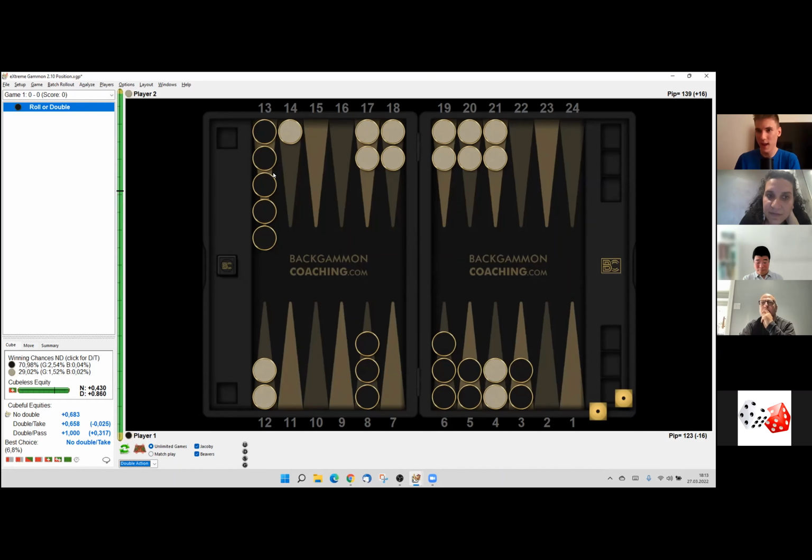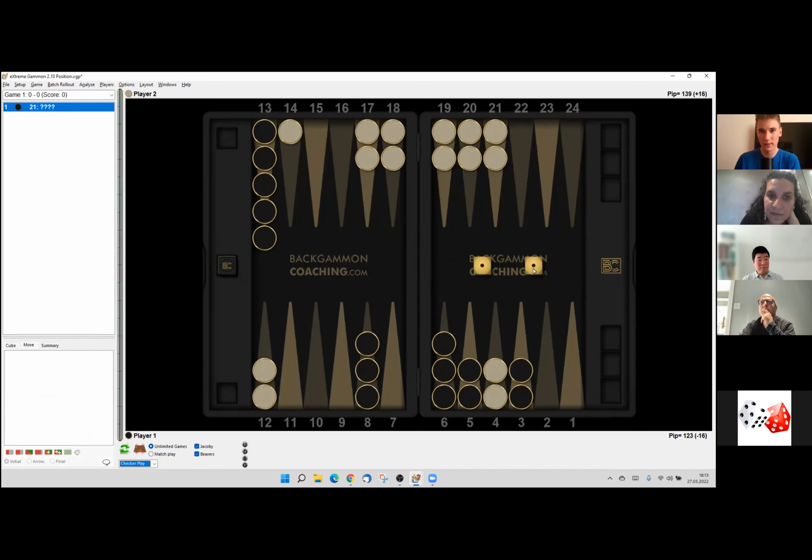So now, if I roll double fours, let's say I roll double fours, I'm going to play 3 checkers from the 13-point. Okay, it's slow. I'm going to play like this, 3 checkers from the 13-point, just bring them down.